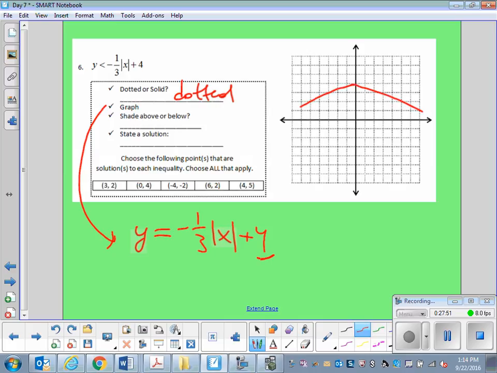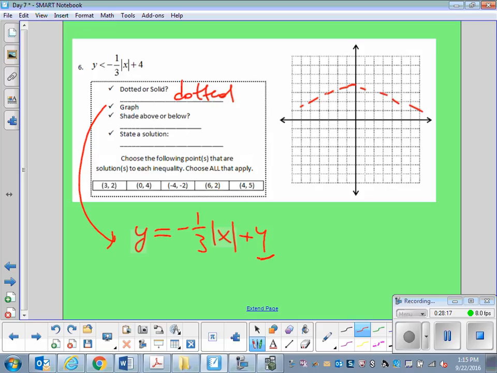Looks good? If anyone used a calculator, does this look right? Yes. Shade. Where do I shade, David? Underneath.